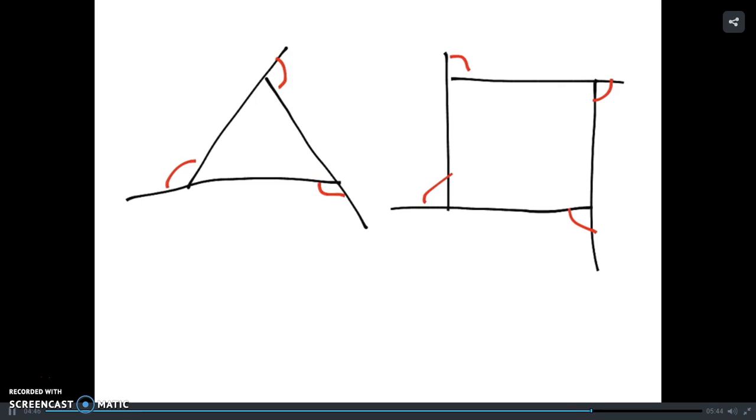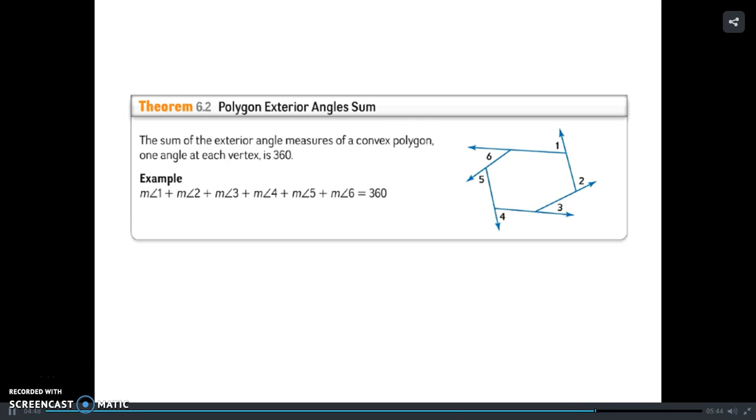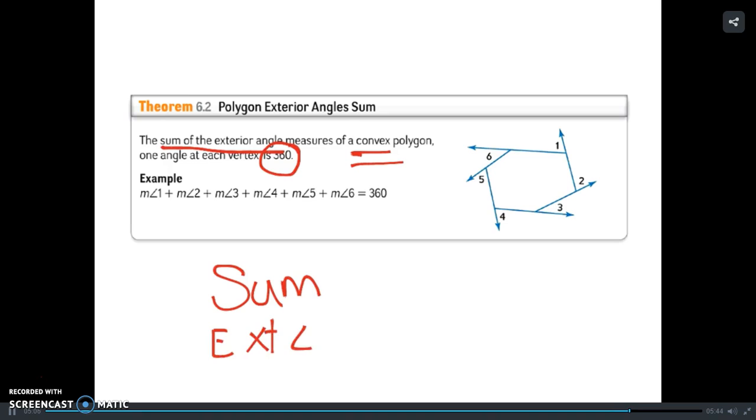And this is really more of a rule for this one rather than a formula, because if you are adding up the exterior angles of a convex polygon, we'll talk about convex polygons again in a minute, it's going to be 360 degrees. So the sum, meaning we're adding them up, of the exterior angles of a convex polygon are going to add up to 360 degrees.